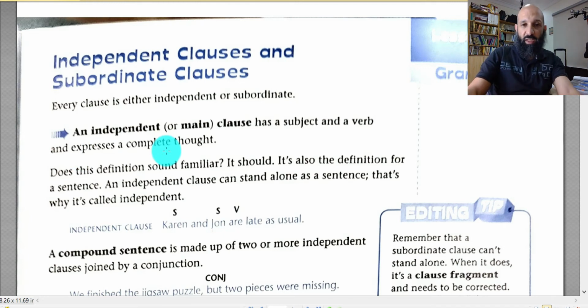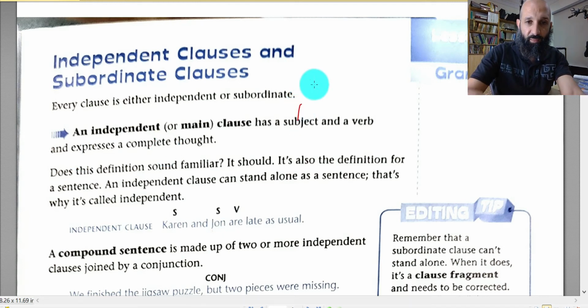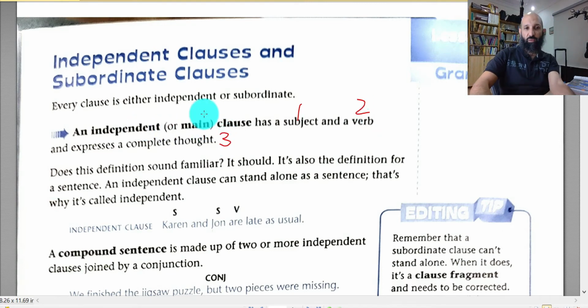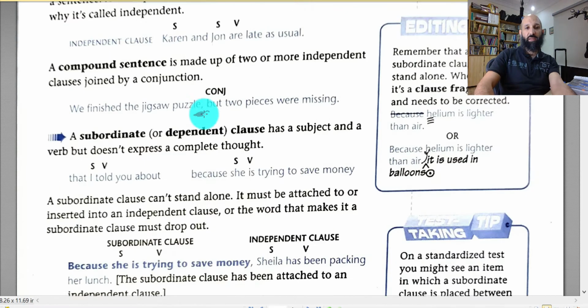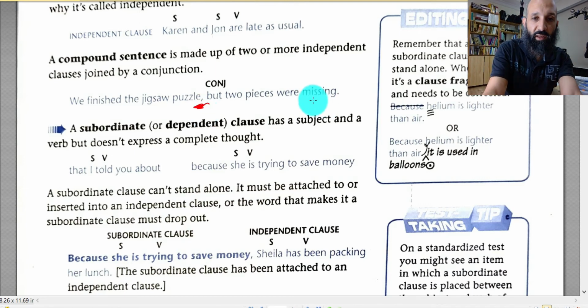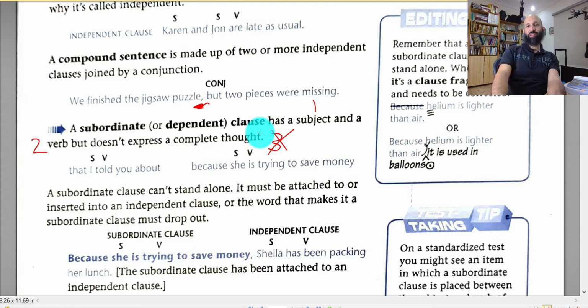Has a subject is the first condition, has a verb is the second condition, and expresses a complete thought is the third condition for an independent clause. How about the subordinate clause? It has a subject, right? And it has a verb, but it does not express a complete thought. So that's the difference between the two.